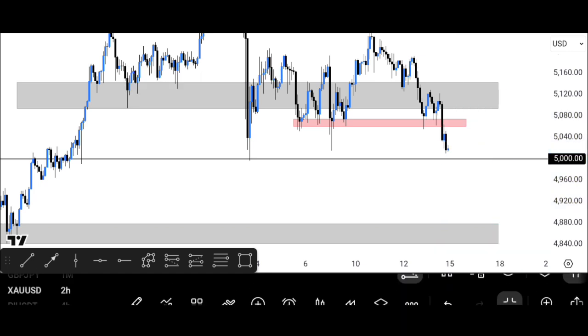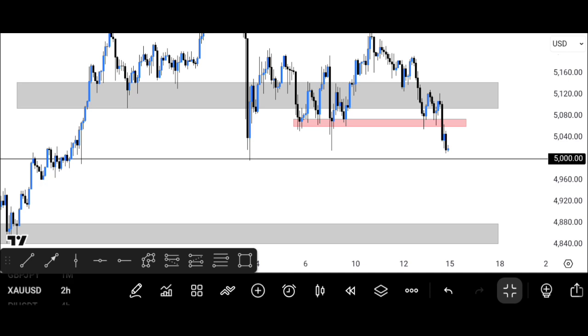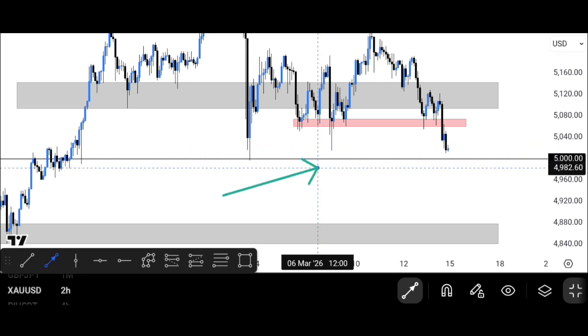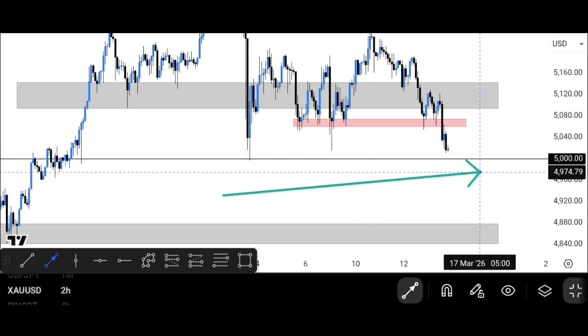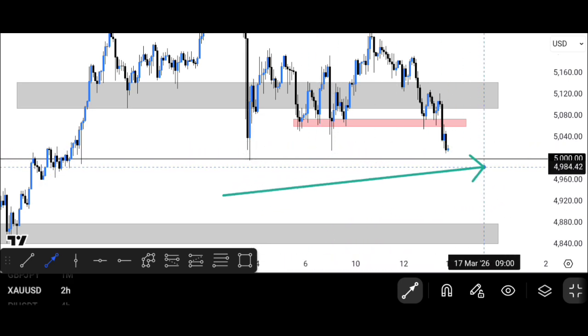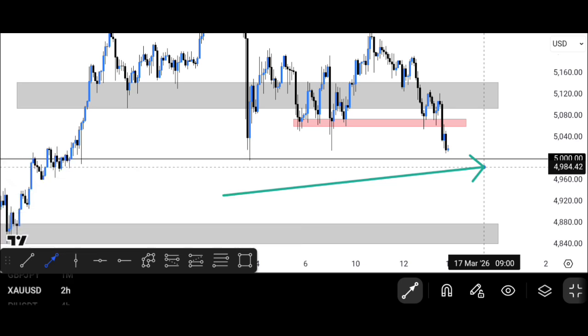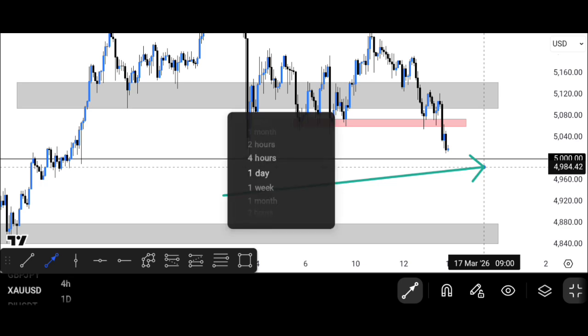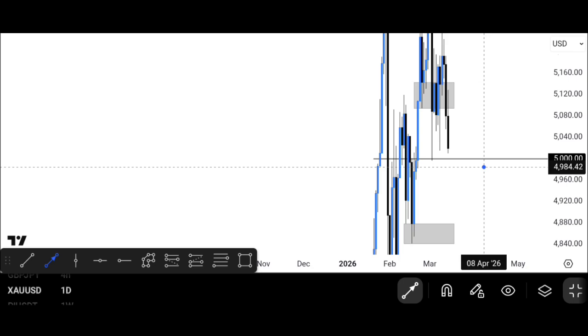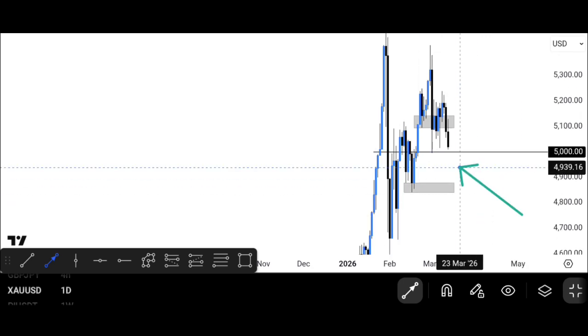Now something else we're seeing around this price action is that this zone where we've been rejecting off of is almost around this psychological zone, which is 5,000. That 5K zone is another zone where price could reject off of or make some type of price action around, so we should keep it in mind.